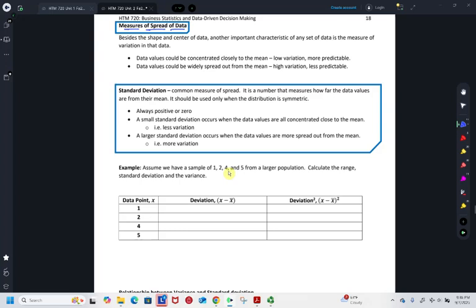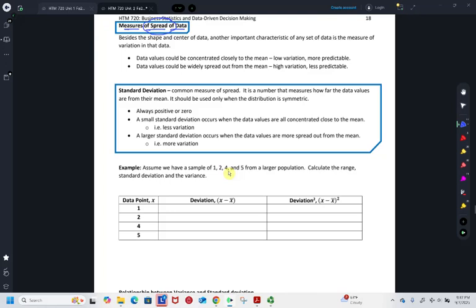But in this case, we want to see how to measure how data values are spread around the measure of center. Mostly, we use the mean as the measure of center if your data set is symmetric and unimodal with no extreme outliers. Because we know that when we have extreme outliers, median is the better measure of center.